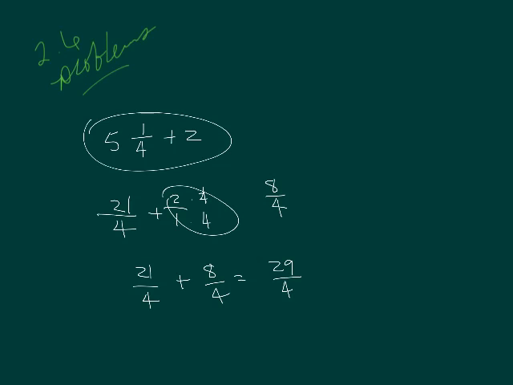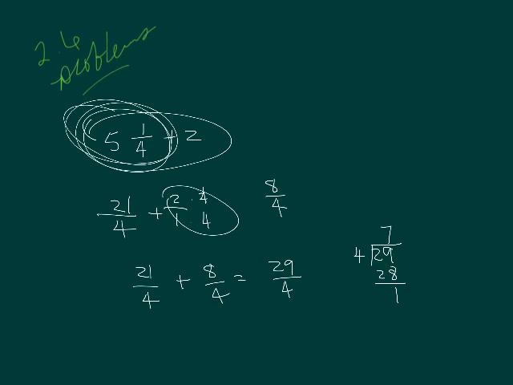29 over 4 is an improper fraction. They want to know what the new price for the stock is. The new price is 29 over 4 dollars, but you never say 29 over 4, so we have to change it back to a mixed number like that. So that says 29 divided by 4 is going to be 7. 7 times 4 is 28.